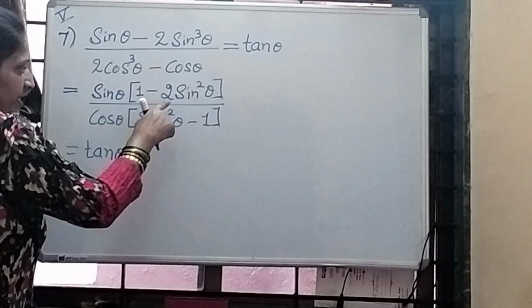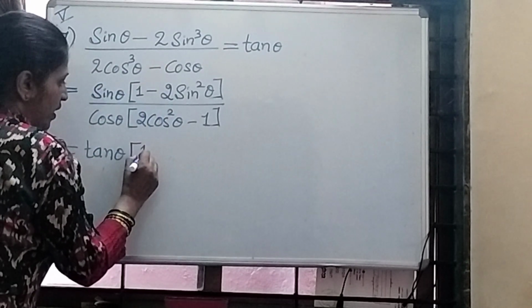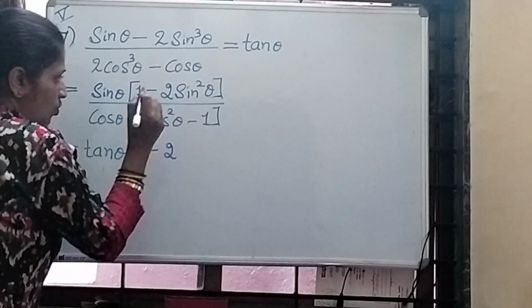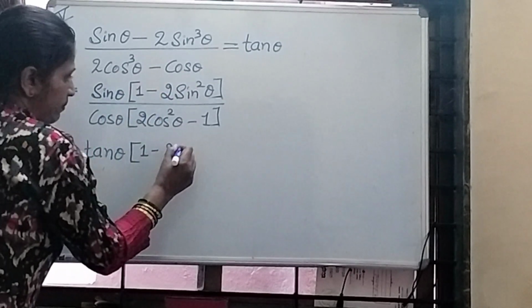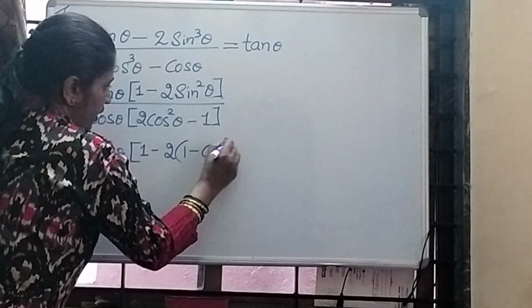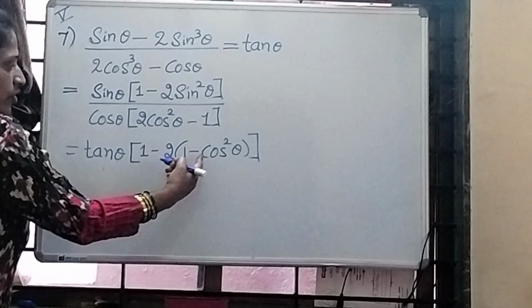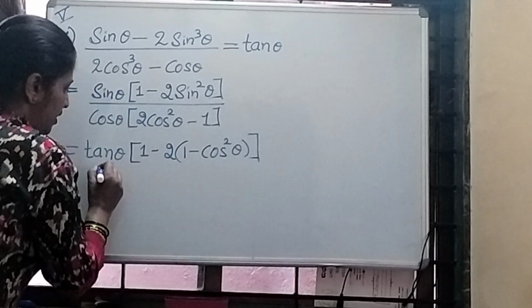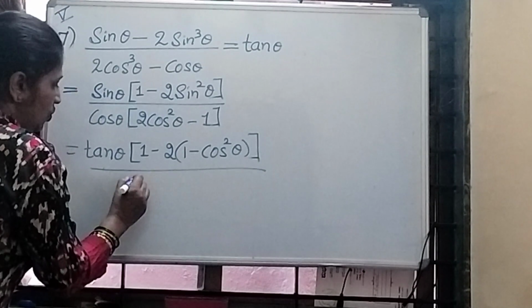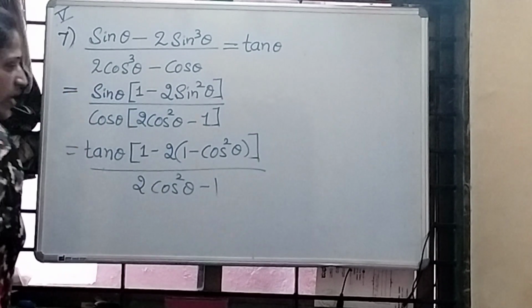But our intention is to remove these things, get them cancelled. So 1 minus 2 sin square theta can be taken as 1 minus 2 into (1 minus cos square theta), because we know that sin square theta is 1 square minus cos square theta, divided by 2 cos square theta minus 1.